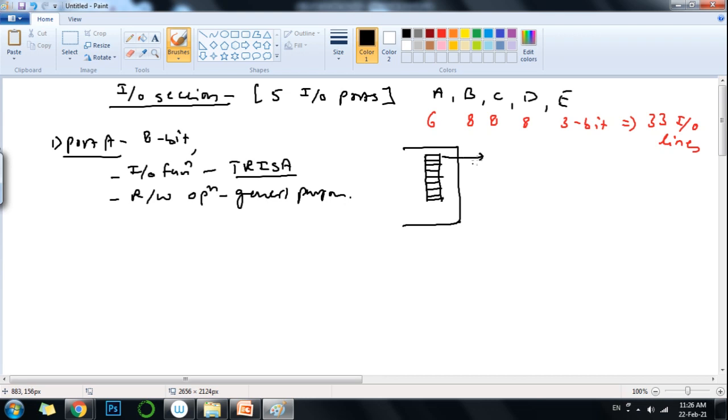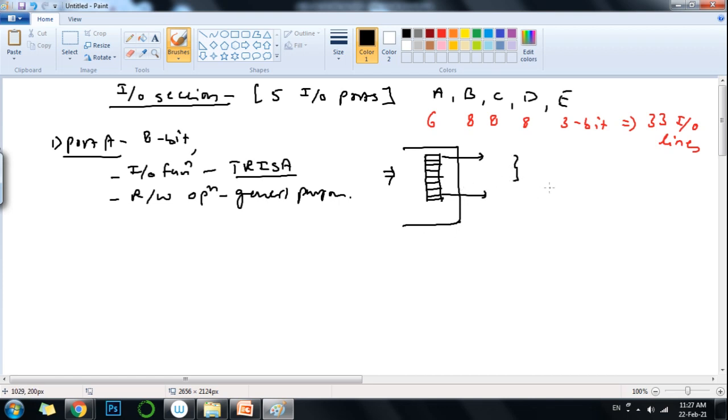And whenever some data is outputted, that data is latched here and that bit is outputted. So when you output the 8-bit data, you have to write into the latch of the port, and that data is outputted. So that is the output function.